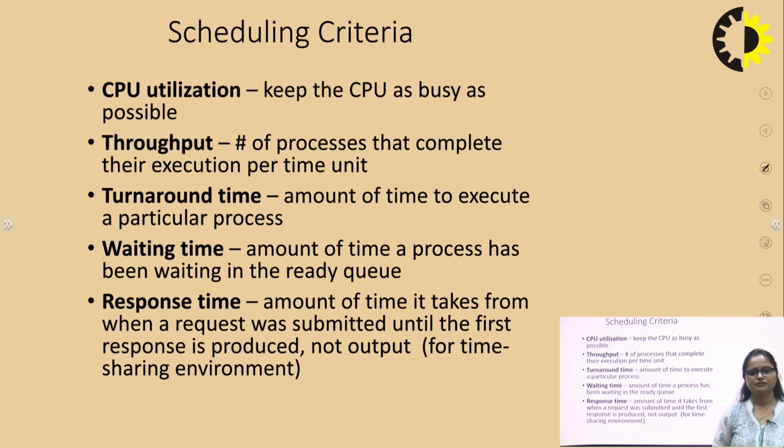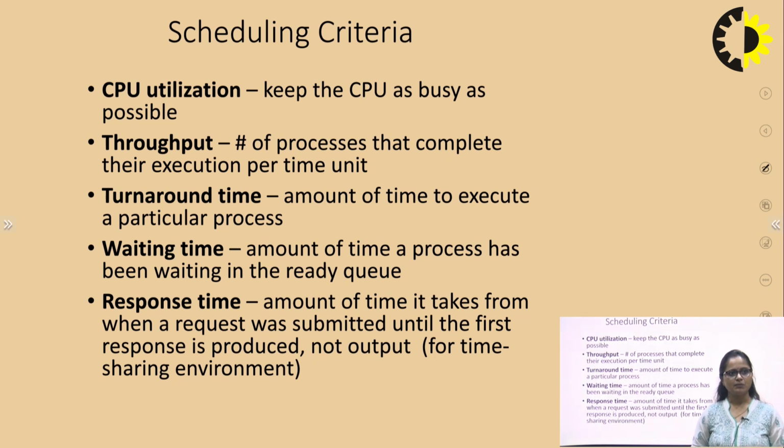Now these are the different criteria by which you can decide which algorithm will be the better algorithm. CPU utilization: for any system, the more you keep the CPU busy, the better the utilization of the CPU. Throughput is the number of processes that complete their execution per unit time.